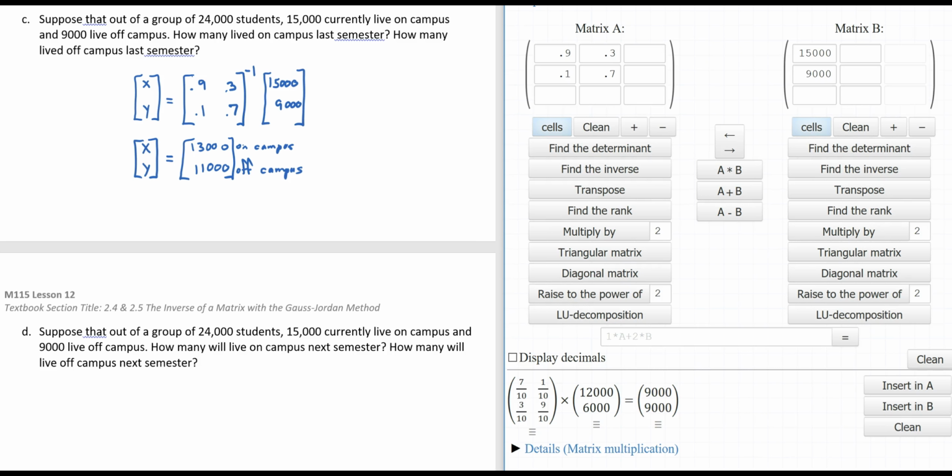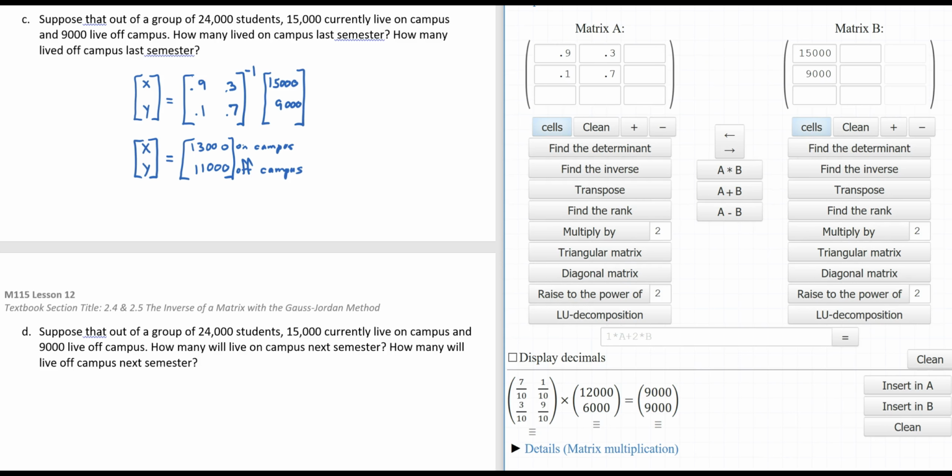Let's look at question D. Suppose that out of a group of 24,000 students, 15,000 currently live on campus and 9,000 live off campus. How many will live on campus next semester? How many will live off campus next semester? So this is looking futuristically.